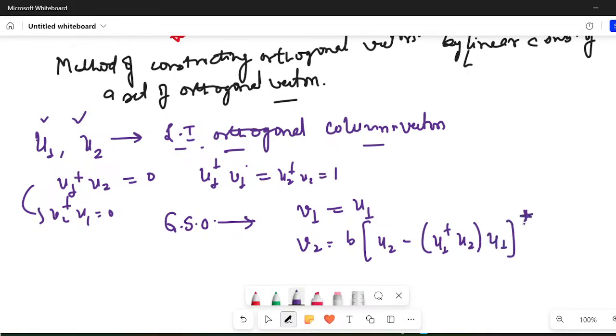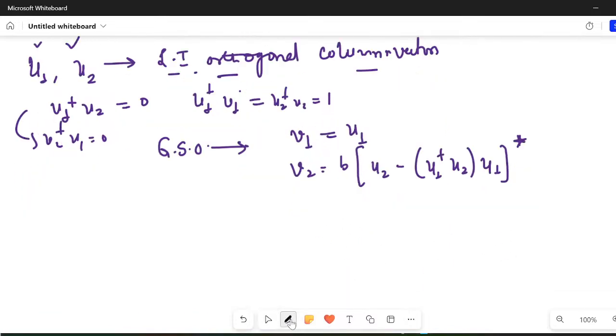Please remember this. I'm not going to derive this. I'm just saying that if I have u1 and u2 as two linearly independent orthogonal column vectors, and I want to construct a set of orthogonal vectors using these, then the set can be written as v1 equal to u1, and v2 equal to this.